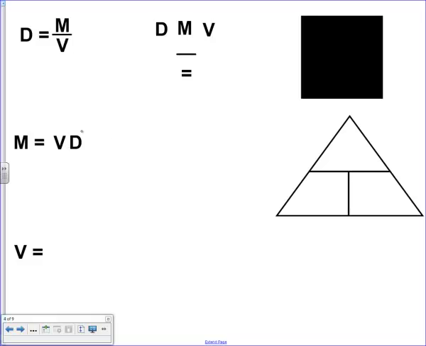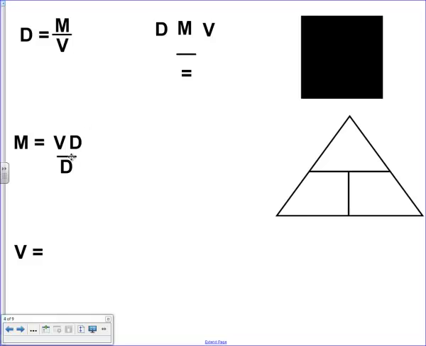So now, I'm going to solve for volume if I'm given mass and density. So if I look at the second formula that I've created, and I need to get rid of density on one side and solve for volume, what am I going to do? I'm going to divide by density, and density will cancel.